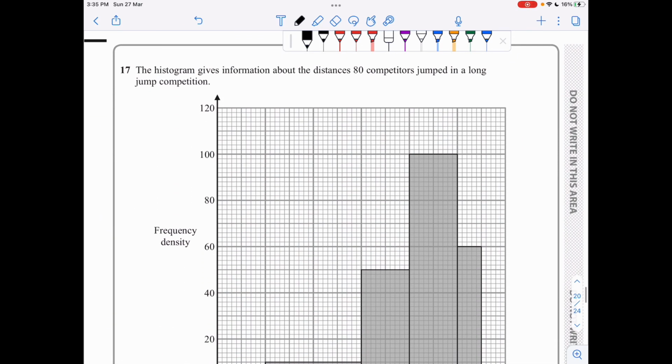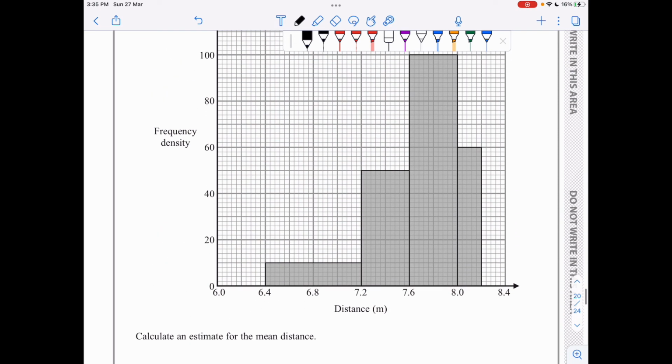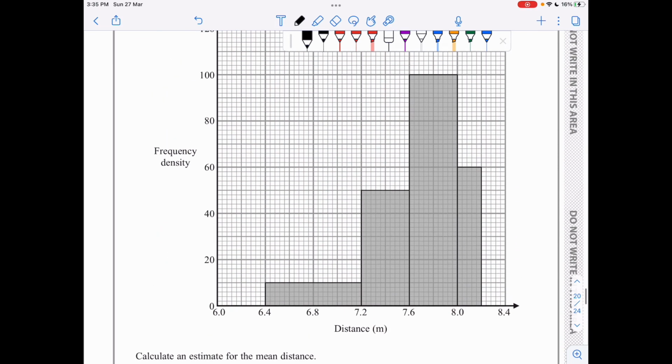Question 17, it's the histogram showing information about 80 competitors. And then we're being asked to calculate an estimate for the mean distance. Looking at this question, I'm trying to bring it to more familiar ground that would allow me to calculate the mean distance the way I'm used to. So I observe that we've got 1, 2, 3, 4 classes.